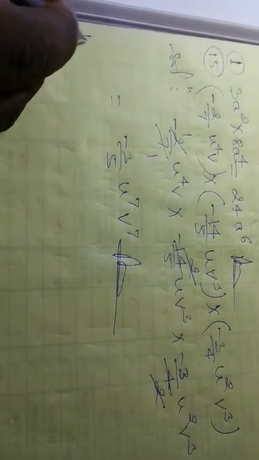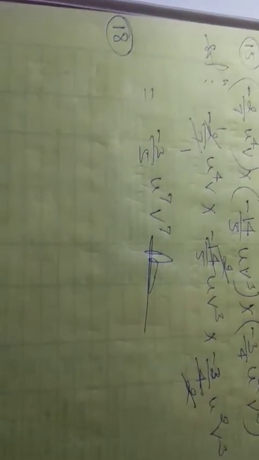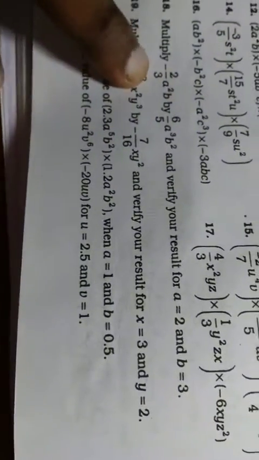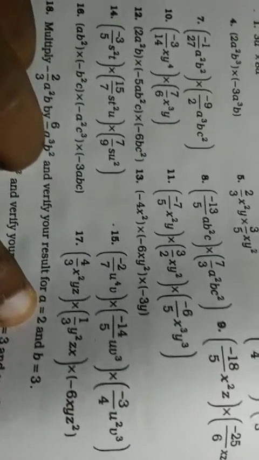Now question number 18. Multiply minus 2 by 3 a square b by 6 by 5 a cube b square, and verify your result for a is equal to 2 and b is equal to 3.